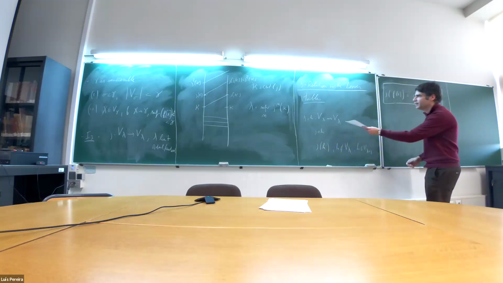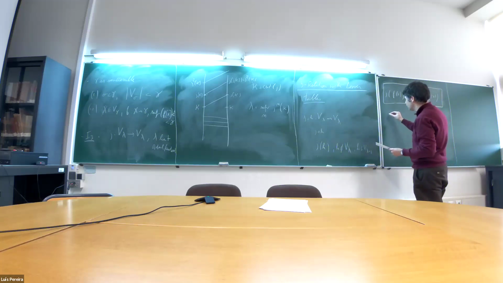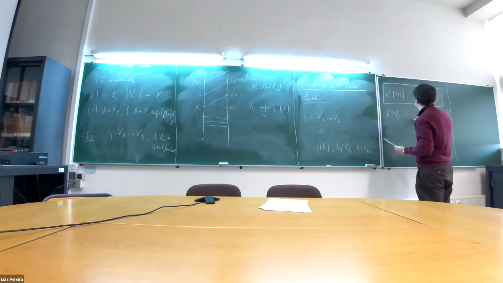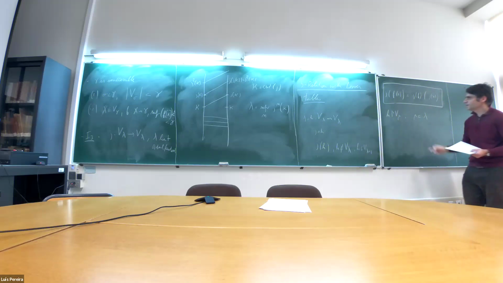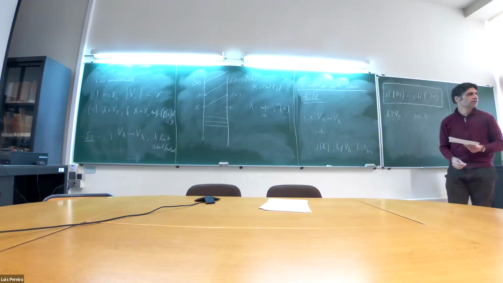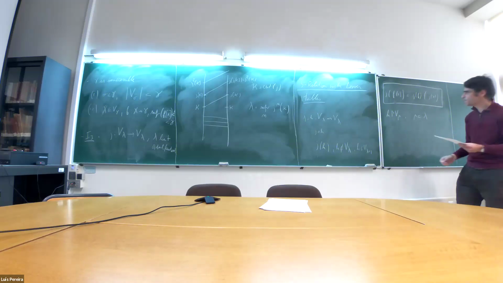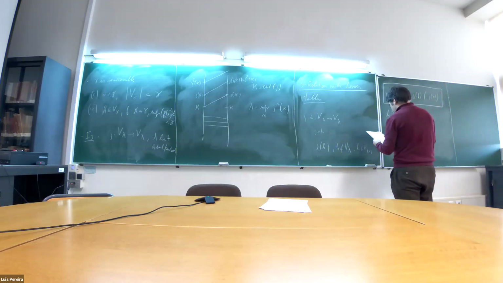Well, the whole thing is that the restrictions are elements of V lambda. So it makes sense to define this operation.